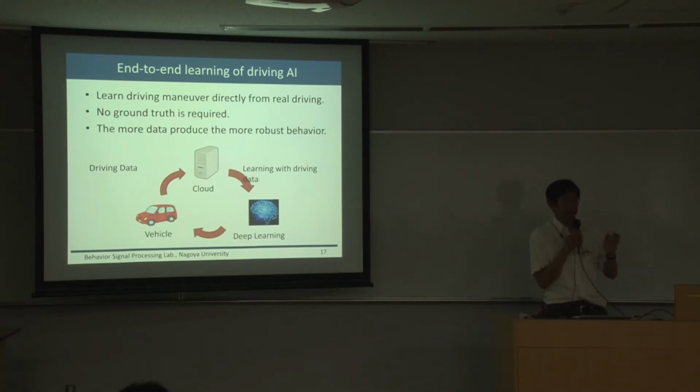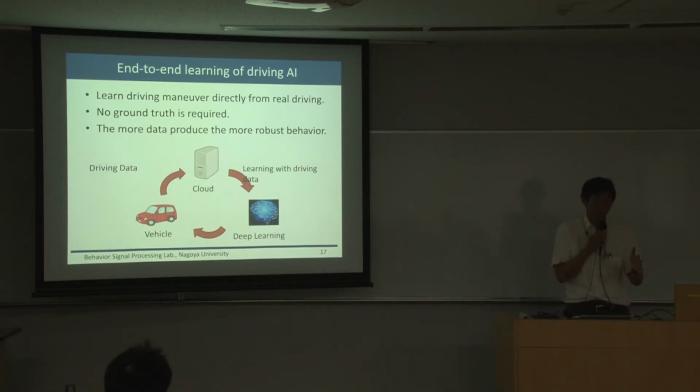And also, you do not expect the output of the neural network to be a descriptive symbolic output, but a continuous control value.